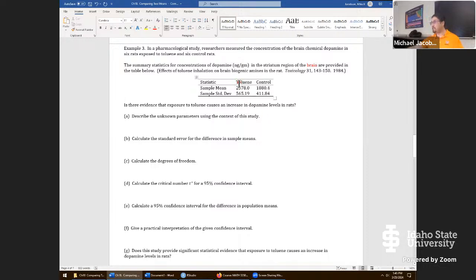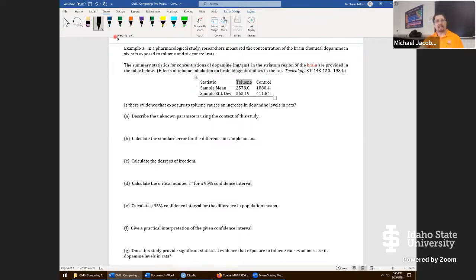So for example, there is a treatment group in this experiment where all the rats got toluene with a sample mean, sample standard deviation. Not a bad idea to just leave it in the table, but if it helps, you could also just rewrite it into your own format. It's referring to a sample mean here, so we could say X bar. We could call it X bar 1 or X bar 2.